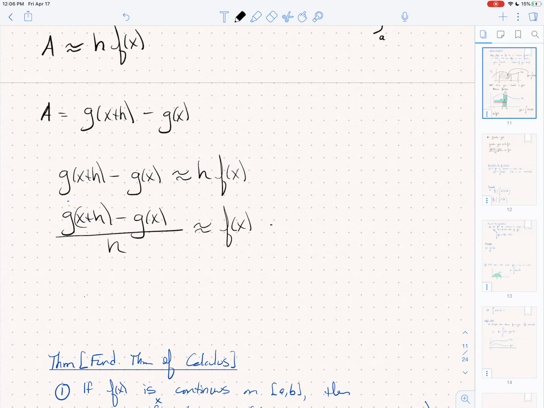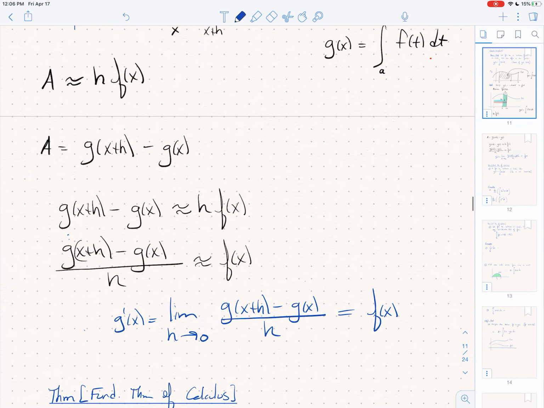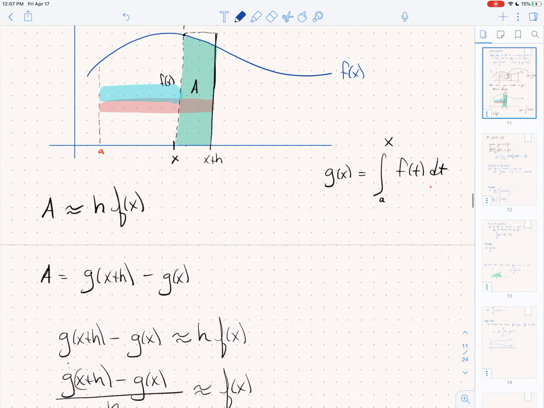So let's write it like this in blue: g prime of x is, by definition, the limit as h goes to 0 of g of x plus h minus g of x, all over h, and we're saying from the picture that that's just f of x. Whoa, so the derivative of this strange area function is just the inside function.